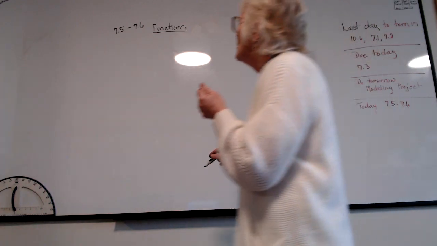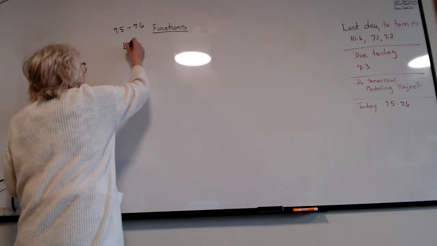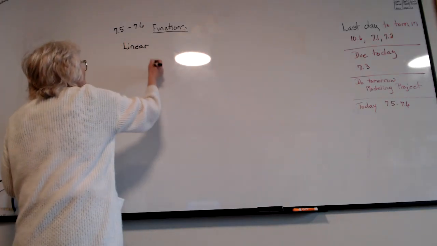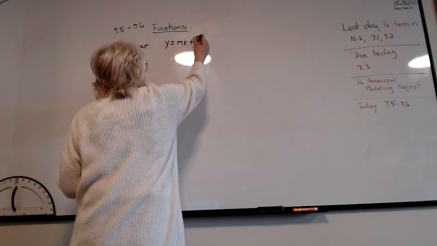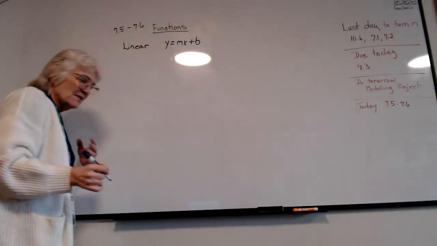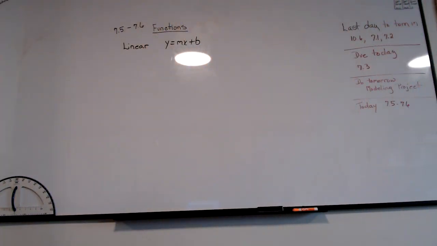Okay, so the functions we have looked at so far are linear, which is y equals mx plus b, okay? That is a function. I will just tell you, that is a function. We have used the equation y equals mx plus b.